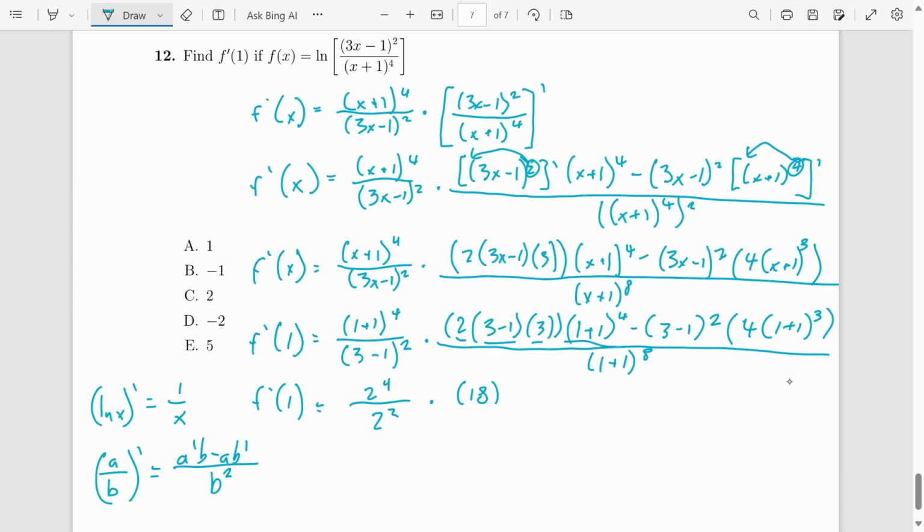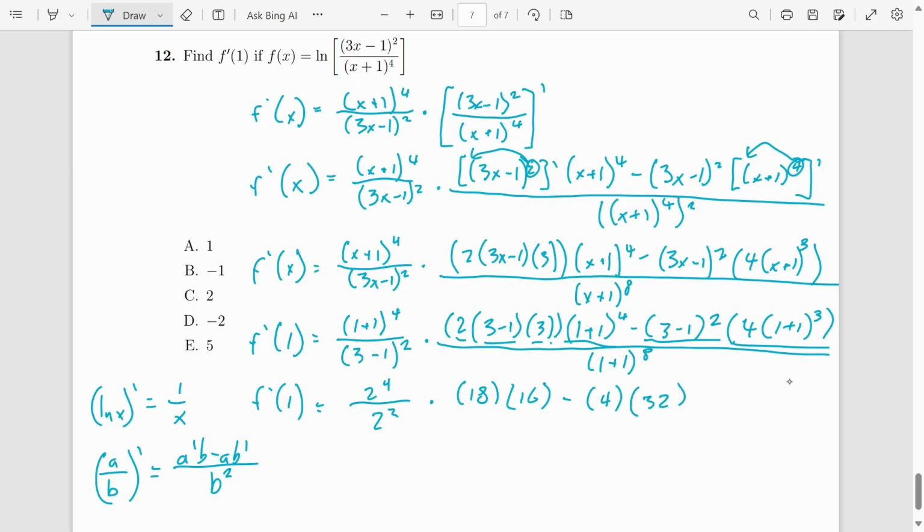Here we've got 2 to the fourth, which is going to be 2, 4, 8, 16. That's going to be 16 here. Minus, that's going to be 2 squared, which is 4. And then this here, this is 1. So 2 cubed is, so 2, 4, 8. So 2 cubed is 8. And 4 times 8 is 32.